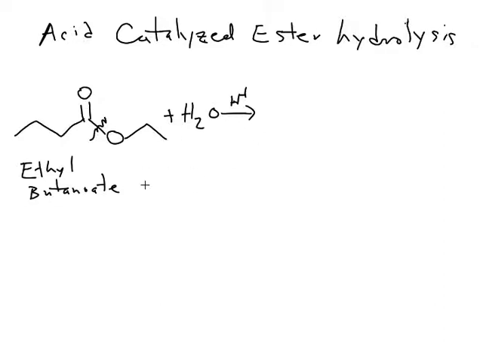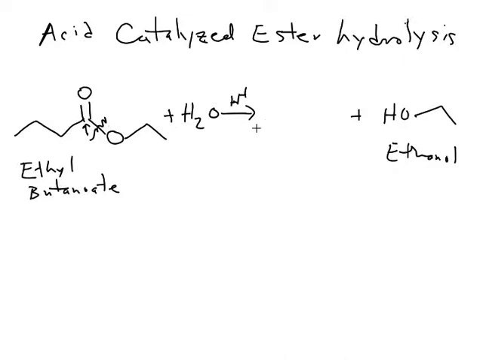So we're going to break that bond. From the water, an H will attach to this O to make ethanol. So we make ethanol. And the OH will attach to the carbonyl right here.